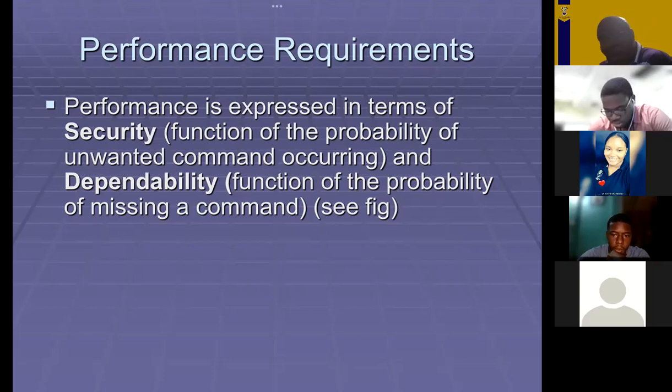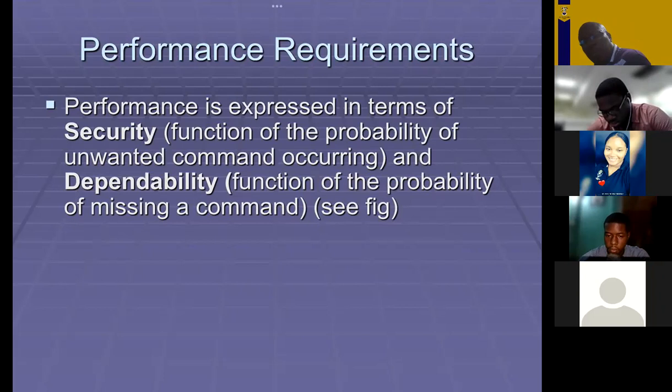While dependability is a function of the probability of missing a command. So I'll go again. For security, it's based on the probability of an unwanted command occurring. And dependability, the function of the probability of missing a command.